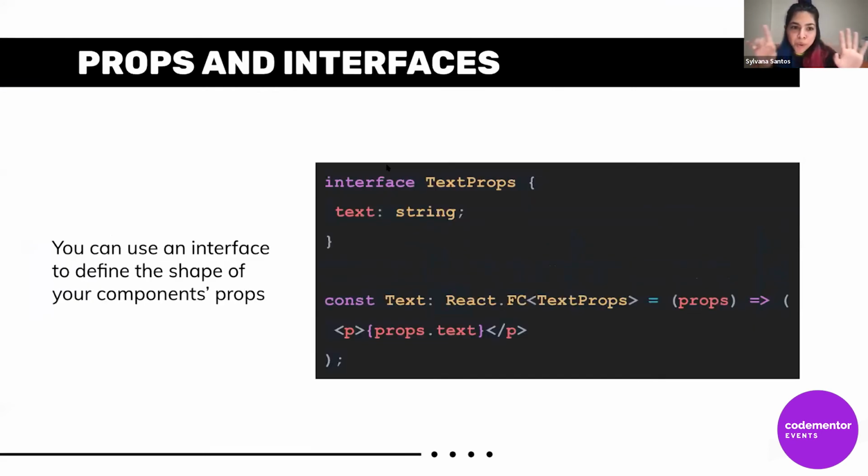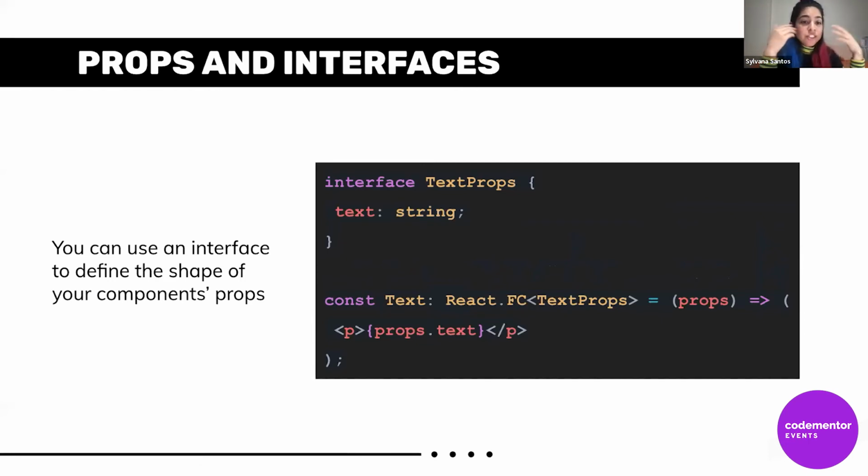I don't remember who asked this earlier, but someone asked why would we ever want to use interfaces? Can you explain a use case? React props is why you would want to use interfaces. So let's say that we want our text component to take in a prop called text, right?